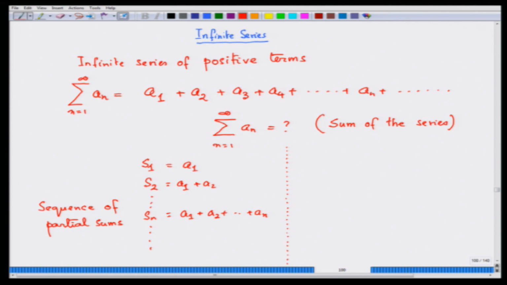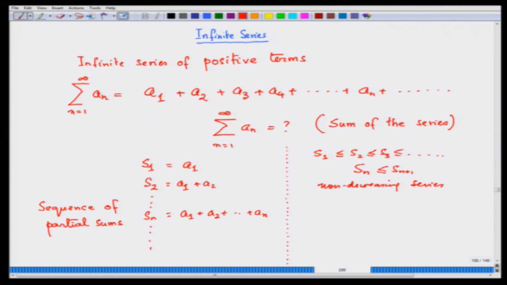So, if I look at this series, because these are positive terms, S2 is bigger than S1, S3 is bigger than S2 and so on and so forth. So, basically S1 is smaller than S2, so basically what is happening, Sn is smaller than Sn plus 1. So, it is an increasing sequence or non decreasing rather I should say, but actually it is strictly increasing, because these are all positive terms.